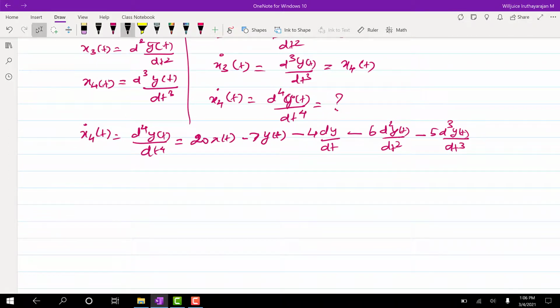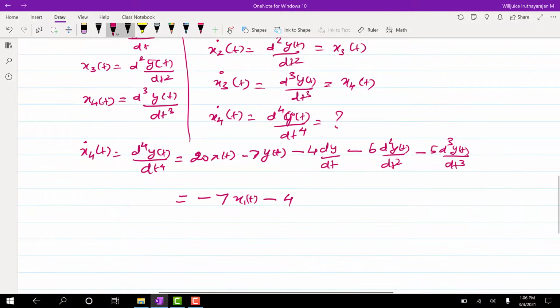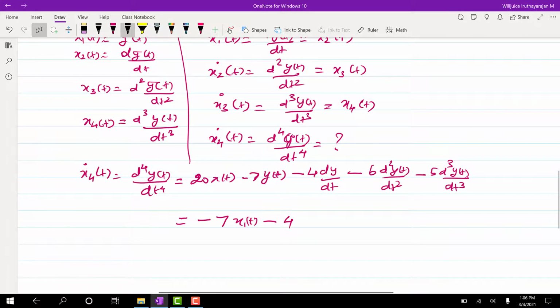Next we have to write the above equation in terms of the states, because the first order differential equation of a state variable has to be written as a linear combination of state variables and the input variable. We know minus 7 y of t we already chose as x1 of t, dy by dt can be chosen as x2 of t, so minus 4 into x2 of t, minus 6 into d square y by dt square can be chosen as x3 of t.